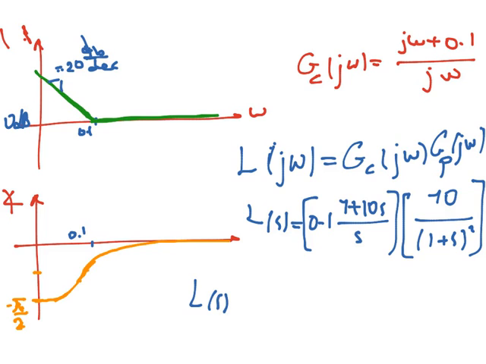So our L(s) will be obtained as s times (1 plus s) squared in the denominator, and in the numerator we will have 1 plus 10s.